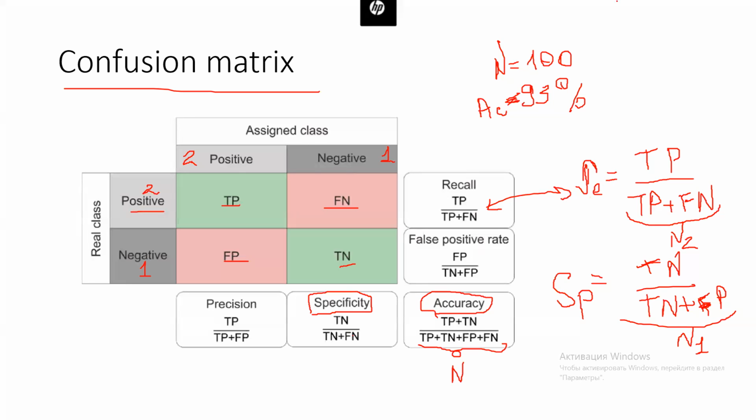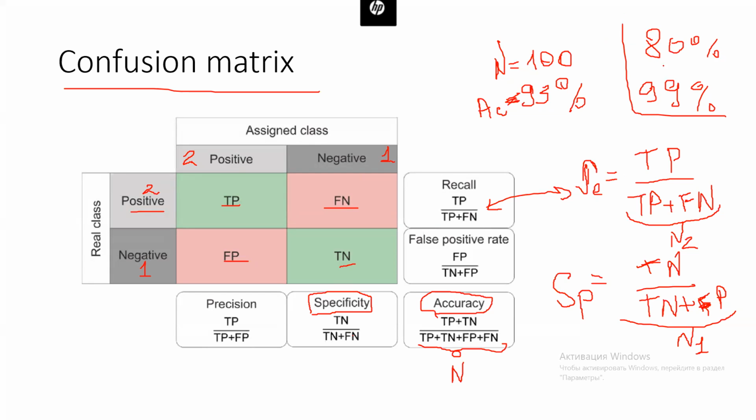What does it mean if the sensitivity of a COVID test is equal to 80%, and the specificity of the COVID test is equal to 99%? It means that your test in 80% of cases detects patients with COVID.